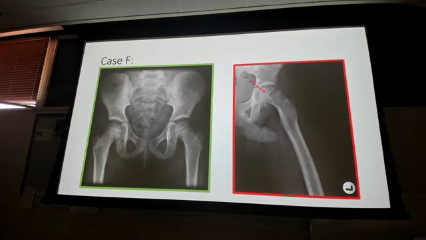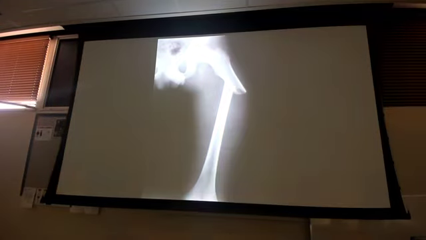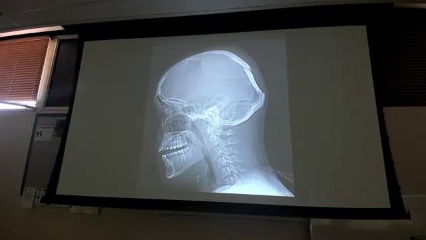Slipped capital femoral epiphysis, also known as Salter-Harris what? 1. Salter-Harris 1. It's in the name, slipped. There it is. There's that one again. Yes, you just had that one. Correct.